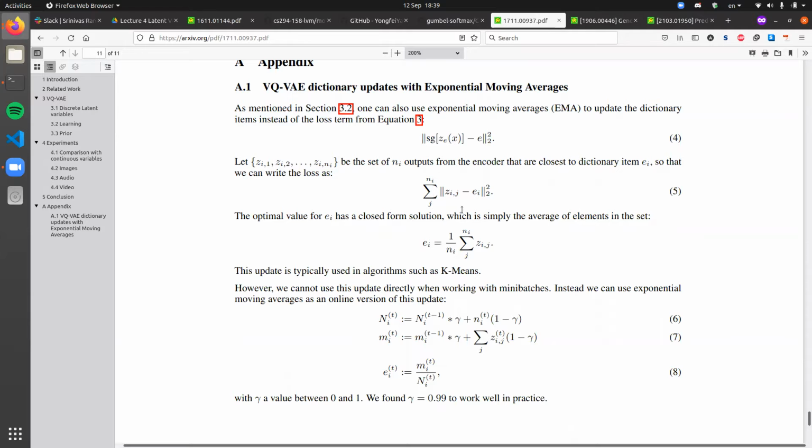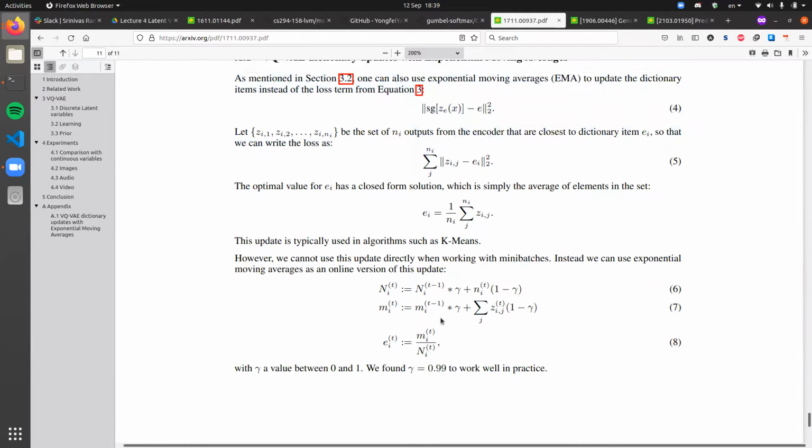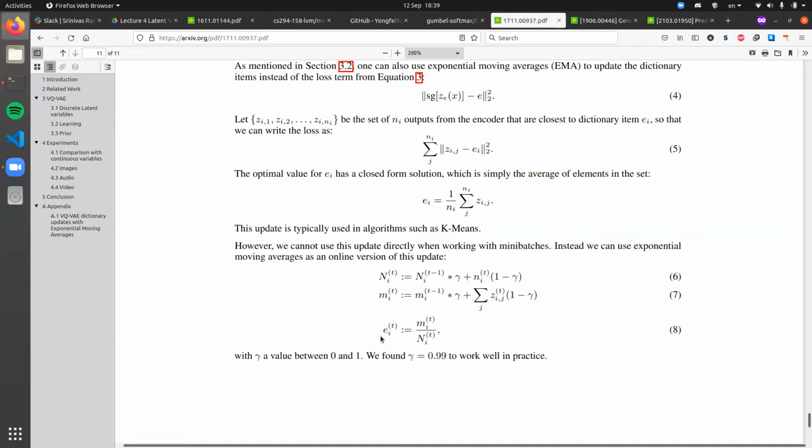Instead of using k-means, we use exponentially moving averages. So we represent each codebook entry as a sum of exponentially moving closest encoder outputs divided by the exponentially moving counts for how many vectors project to this particular entry of the codebook.